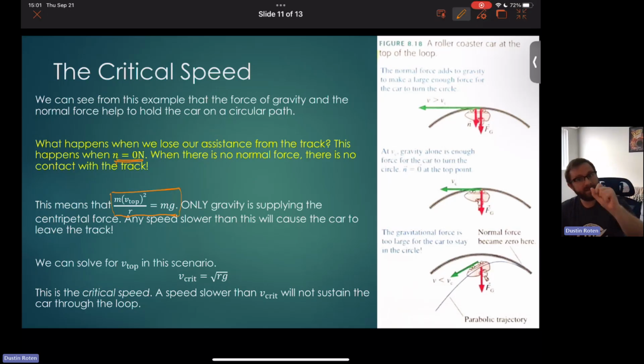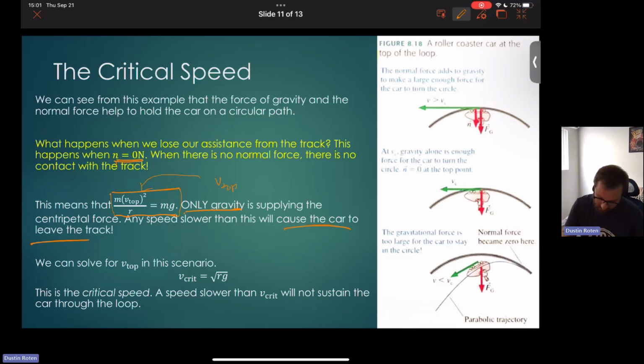So in this one instance, where we're not getting an assist from the track anymore, only gravity is at the top of the loop holding this car in the circle. Okay? So any speed slower than whatever V top is to make these equal will cause the car to just leave the track.